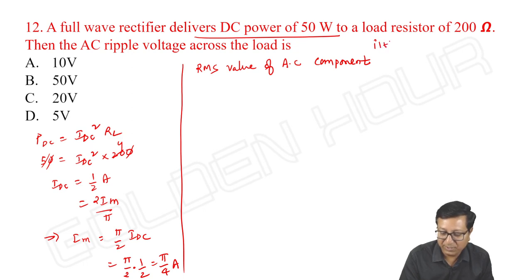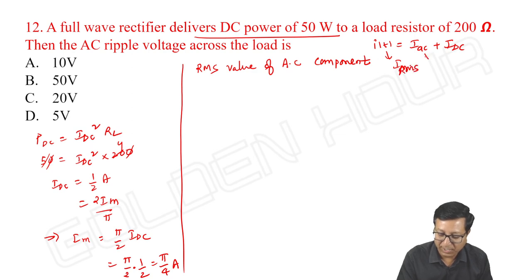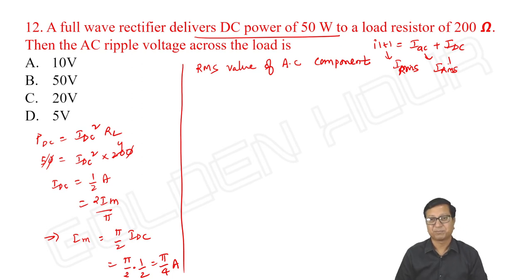I of t is nothing but IAC plus IDC, and the RMS value of this is IRMS. The RMS value of the AC component is IRMS dash.